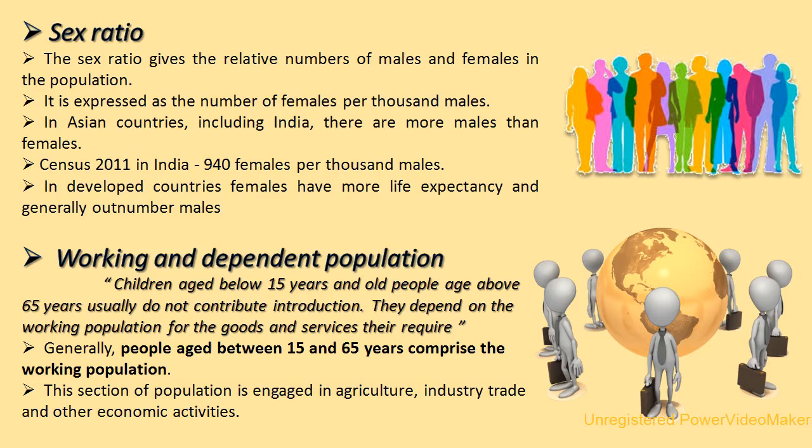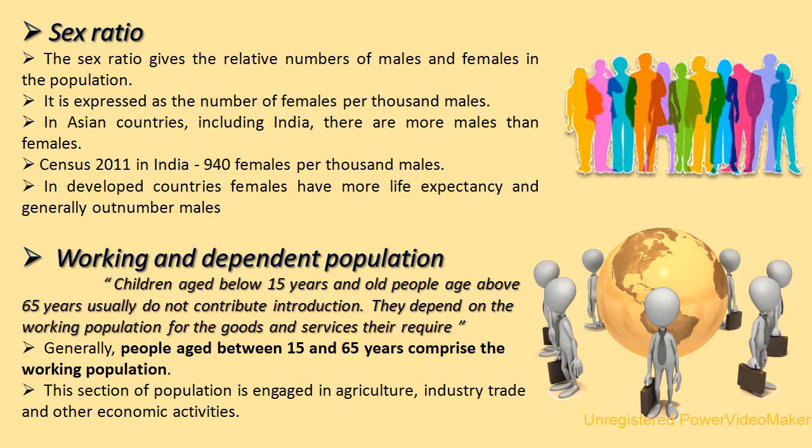They depend on the working population for the goods and services they require. That category is called dependent population. The working population is the people who are working in the country and producing something, giving service to others. Those who are able to do work, that is the working population.